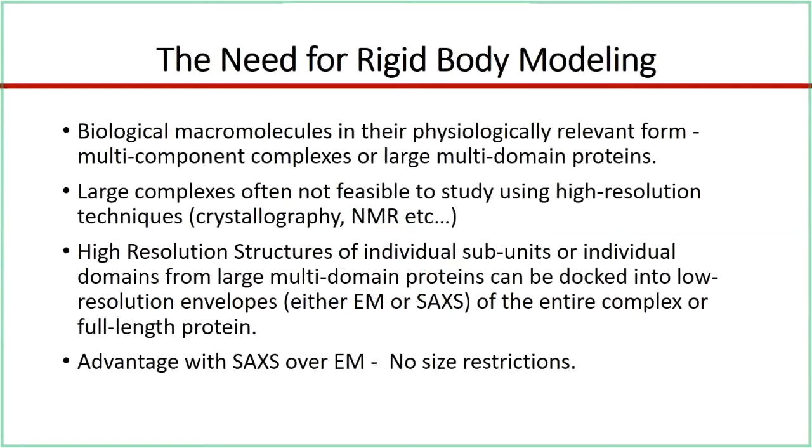The amount of high-resolution structural information out in the biological community has increased exponentially over the past decade or so, and there is a very large number of macromolecules for which we know structures. However, we're also beginning to realize that biological macromolecules do not function in isolation, right?